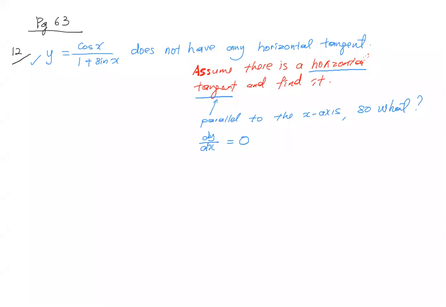We just learned the quotient rule just now. So your u is cos x. Your v is 1 plus sin x.